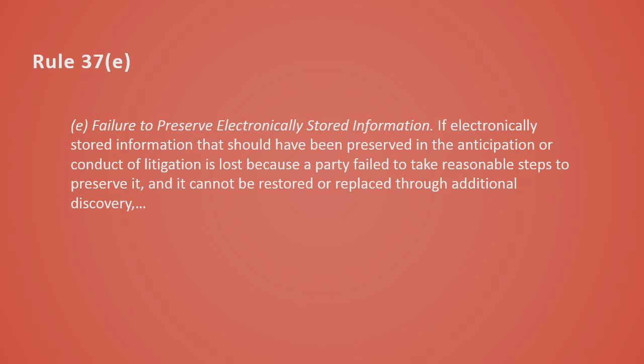It's very, very granular, and it goes back to the claims and defenses. What should a person reasonably have had to preserve in this case, given these claims and defenses? That talks about what the scope of discovery is. It talks about proportionality. It talks about whether you were reasonable to preserve it, and what is a reasonable curative measure to impose on someone who lost it.